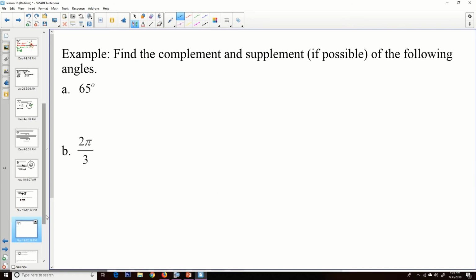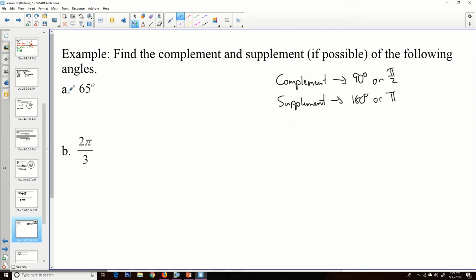All right. Find the complement and supplement, if possible, of the following angles. So complements are two angles that add to 90 degrees or pi over 2. And then supplements, that's going to be 180 degrees or just pi.